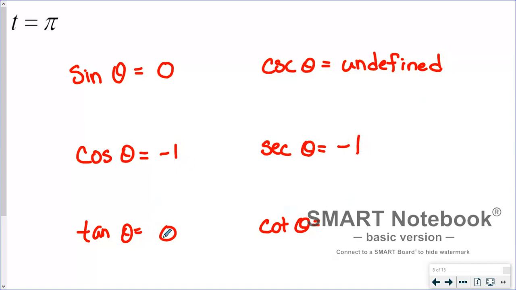And again, tangent was the y divided by the x, so 0 divided by -1. Cotangent is the reciprocal of that, so -1 divided by 0. Whenever you divide by 0, you are undefined. Does that make sense?